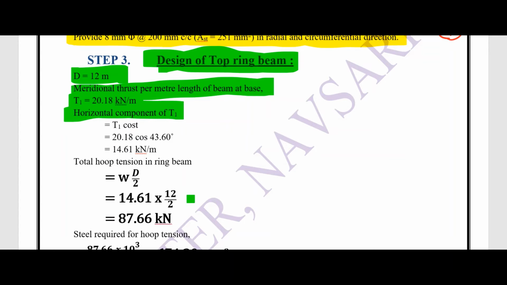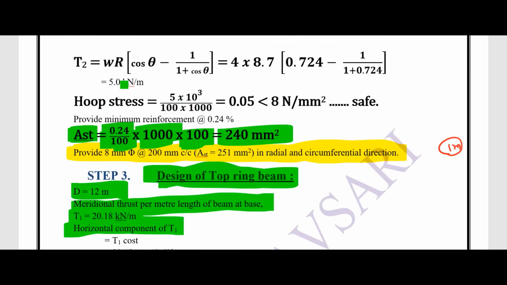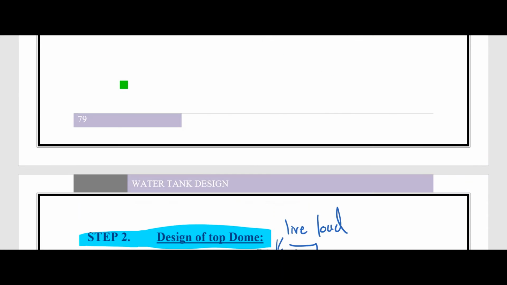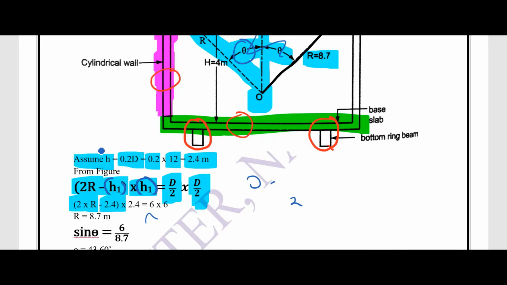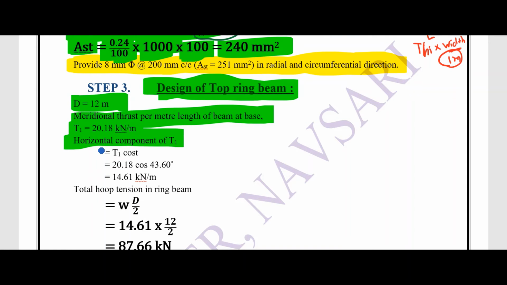Look here. In this figure, you can see we calculate a meridional thrust at some angle, this theta angle. But the top ring is in this position, so we have to calculate horizontal as well as vertical components for the design of the top ring beam. So right now we are going to calculate the horizontal components of T1.